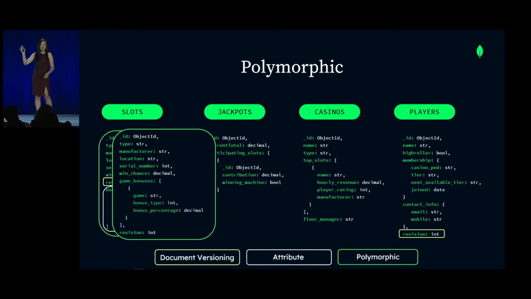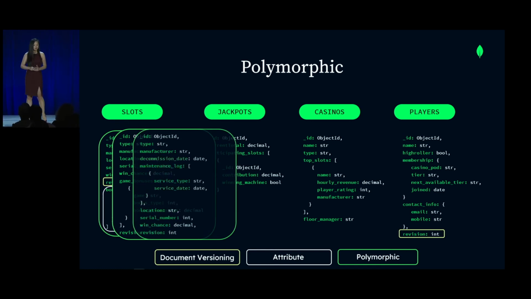And that bonus is very characteristic of that particular slot machine. You don't see that on any other slot machine, or it's very similar to that category of slot machine. But all of that is to say, the document that captures what this slot machine looks like will have a different set of fields. And in this case, the game bonuses are what's different in this document.